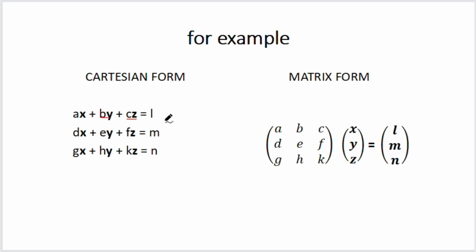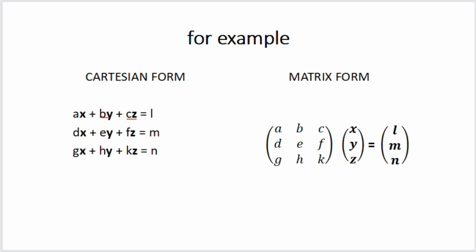We arrange them in such a way that if we multiply the matrices back, we can get back the general form, the separate linear equations that form our simultaneous equations.